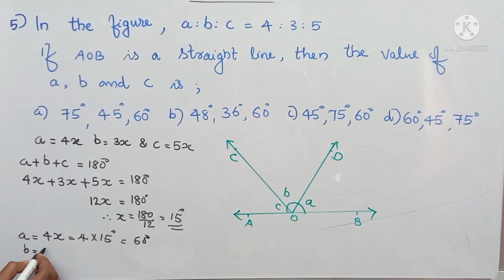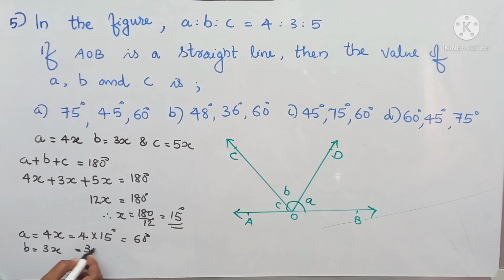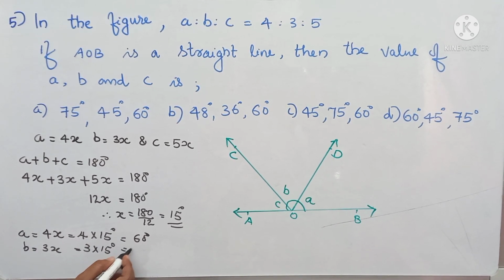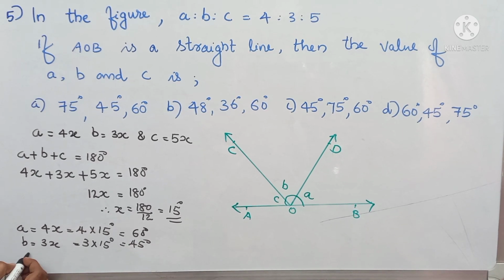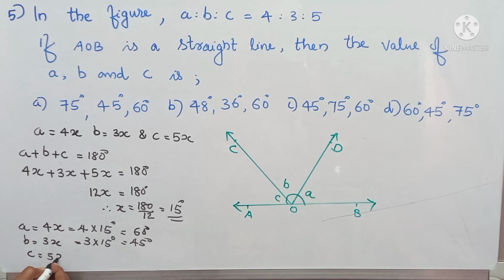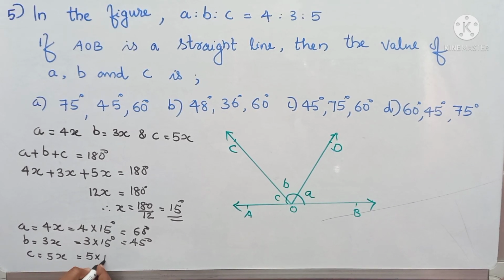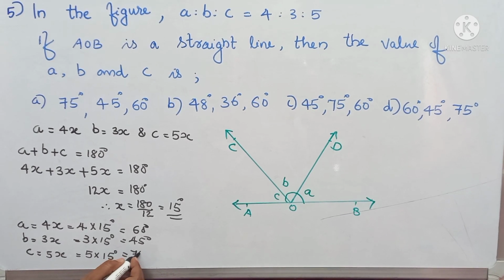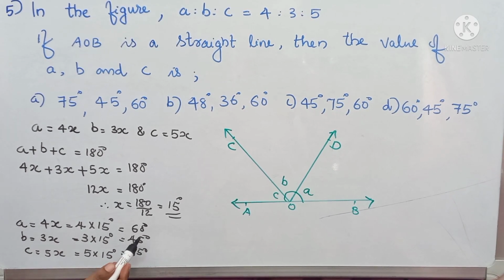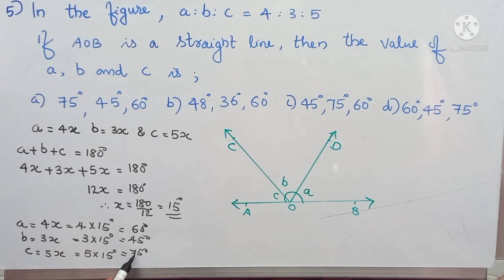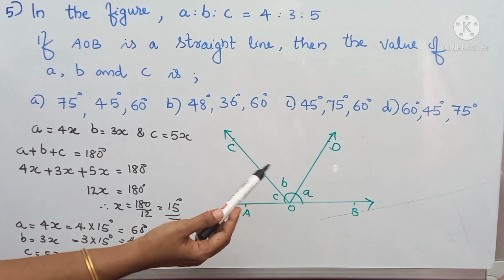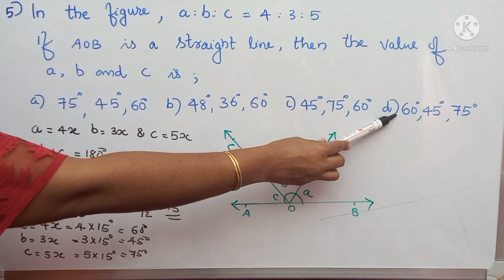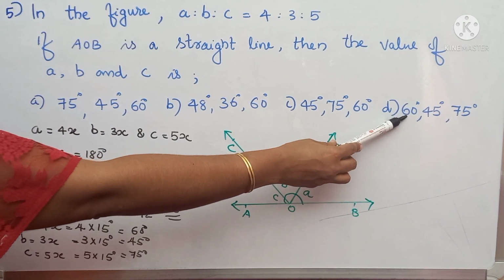And B is equal to 3x, 3 into 15 is equal to 45 degree. And C is equal to 5x, that is 5 into 15 is equal to 75 degree. So the three angles are 60 degree, 45 degree and 75 degree. That is option D, 60 degree, 45 degree and 75 degree.